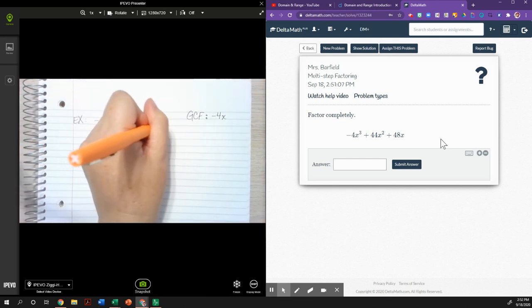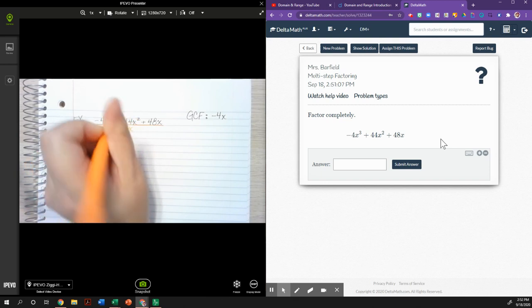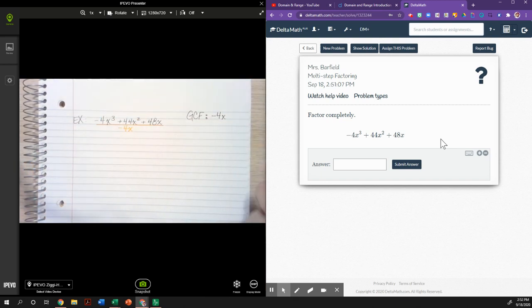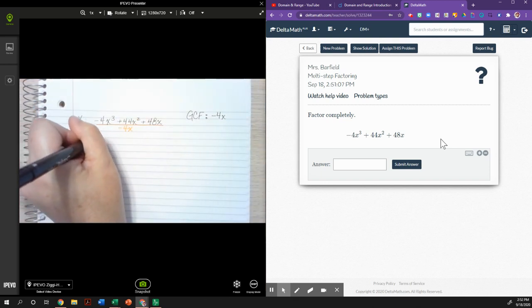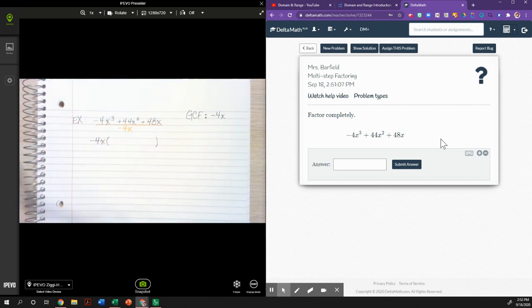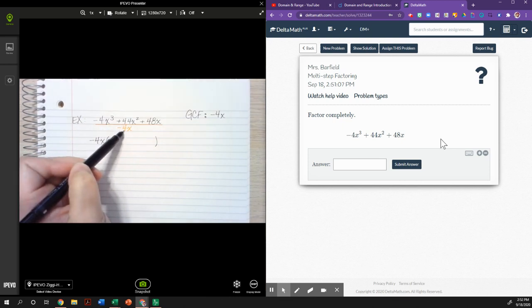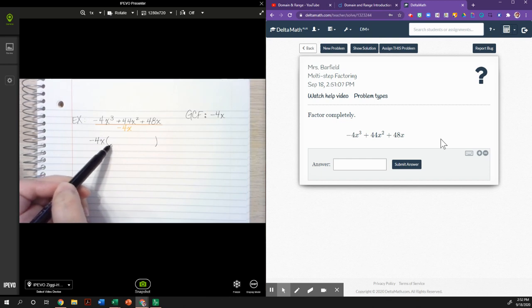Now let me use a different color here. I'm going to divide by that greatest common factor, write that out front, and then in parentheses is going to be the answer after I divide. So -4 divided by -4 is +1. I don't need to write a +1.